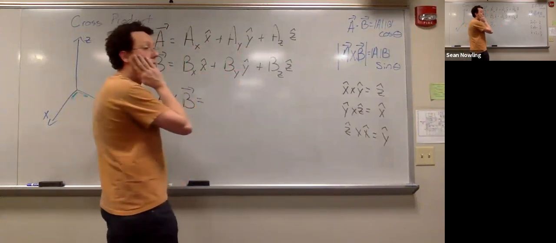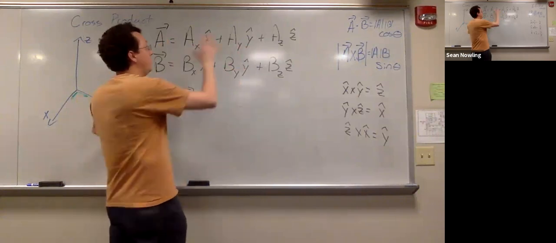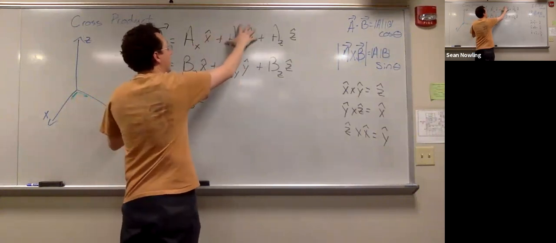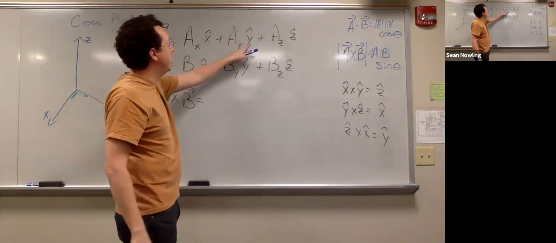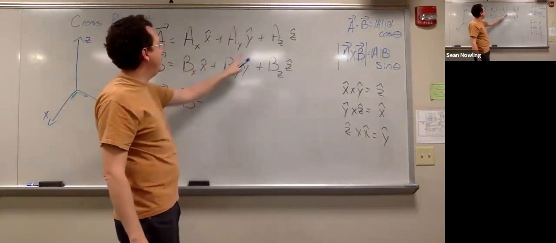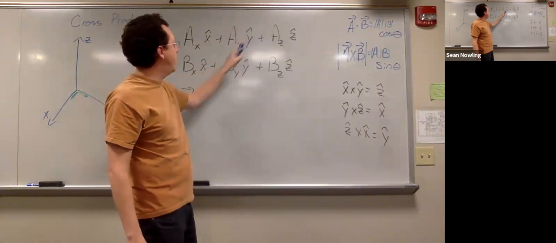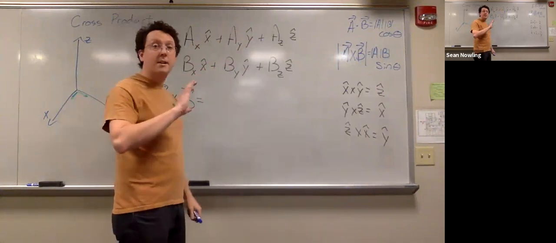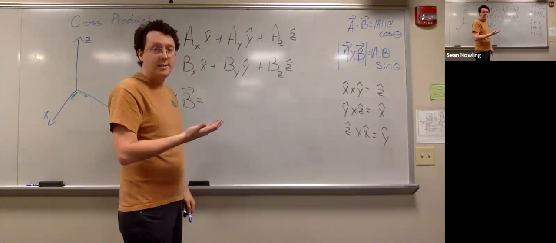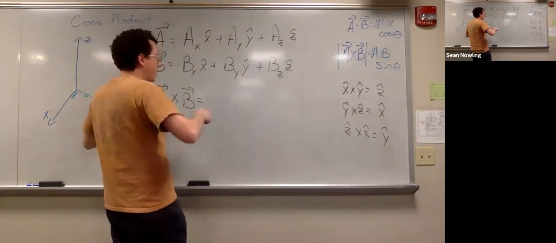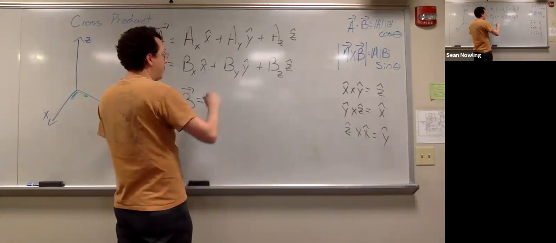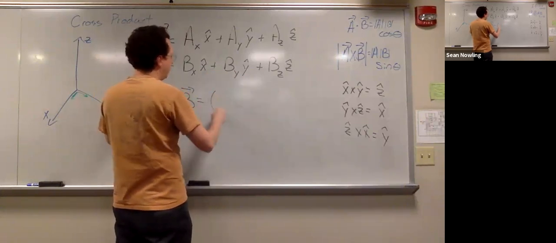The other time you can get something in the z direction is if you do the y component of A times the x component of B. But when you compute A cross B, you end up with y hat cross x hat. That's minus z hat.